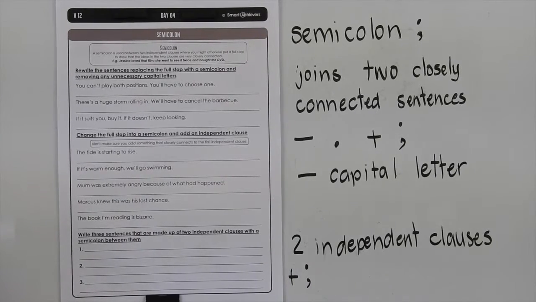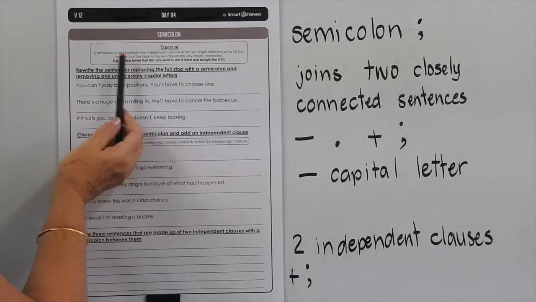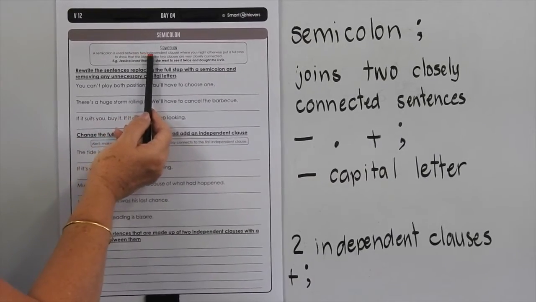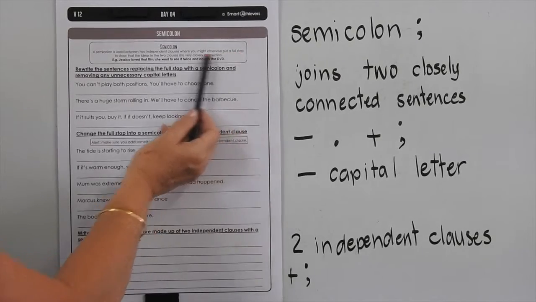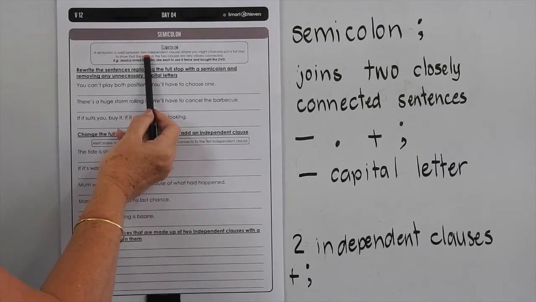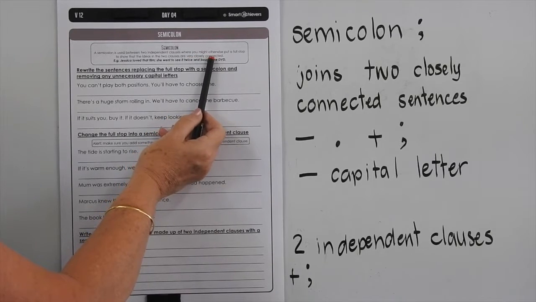Today's page we're introducing you to the use of a semicolon, which is a dot with a comma below it. So a semicolon is used between two independent clauses where you might otherwise put a full stop to show that the ideas in the two clauses are very closely connected.